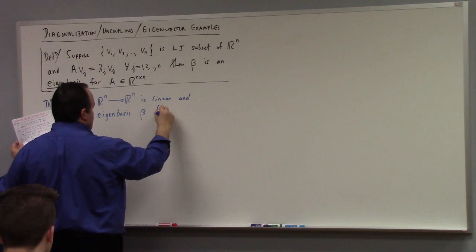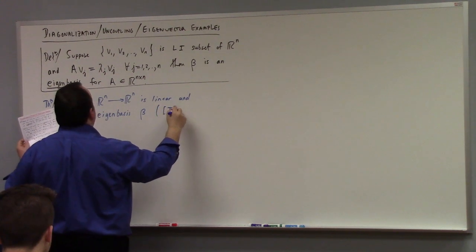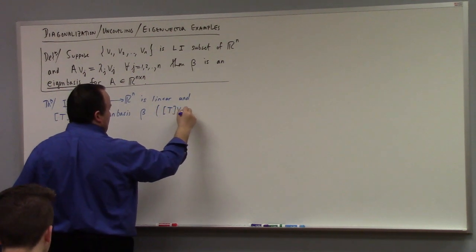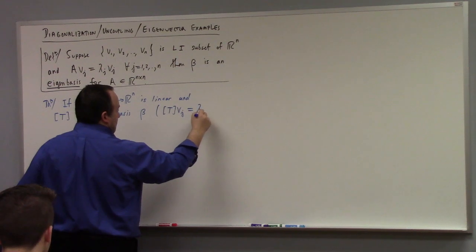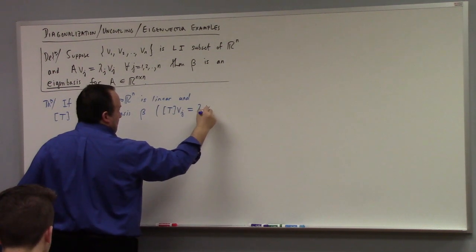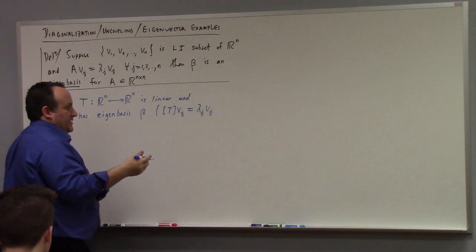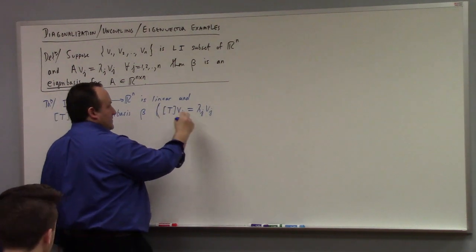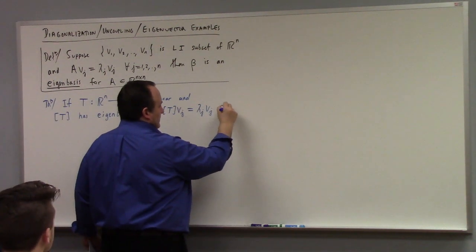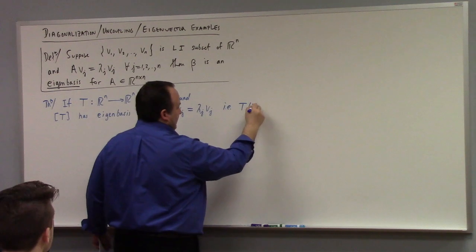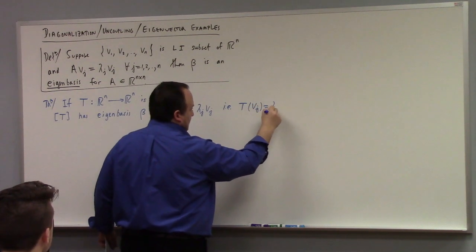So that would mean that T acting on vj would be equal to what? It would be equal to lambda j vj, right? And if you think about this, you could just as well say that T of vj is lambda j vj, right?